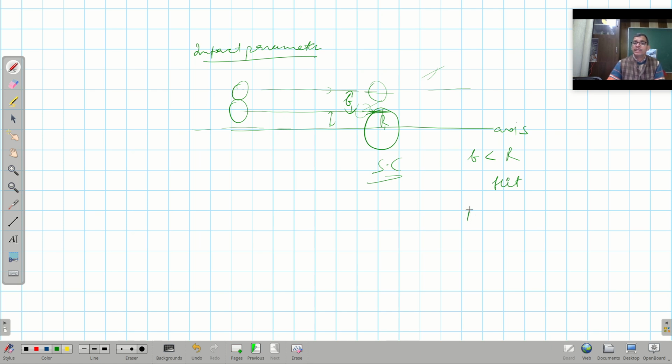If b is greater than or equal to r, it will not hit it. So b becomes a very important parameter, which we call the impact parameter. This will also help us in various ways, so this is a very important definition. I think that's all for today's lecture.